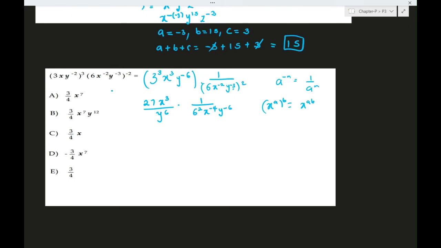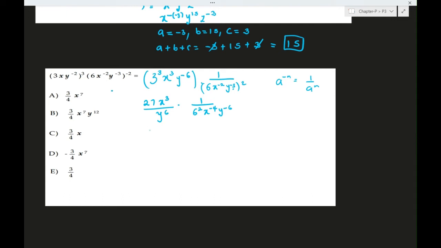So the power becomes a times b. So when you have y to power minus 3, all to power 2, it's just y to power minus 3 times 2, which is minus 6. So don't make this mistake. Don't say it is y to power 9. You said minus 3 squared. No.